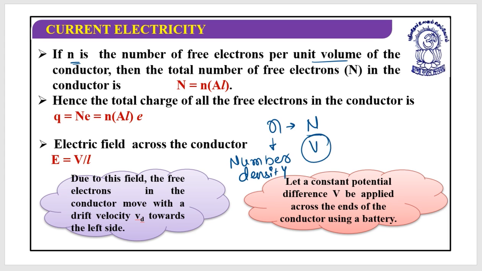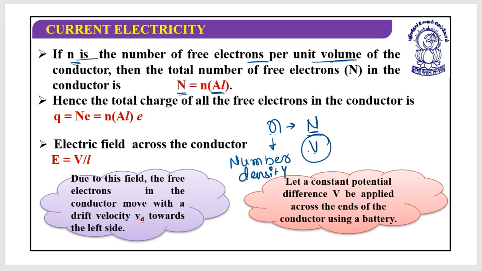Always any term that has been divided by volume can be considered as a number density. So if n is the number density, the number of free electrons per unit volume of the conductor, then the total number of free electrons in the conductor is capital N is equal to small n into V, and this volume can be represented as area into length.